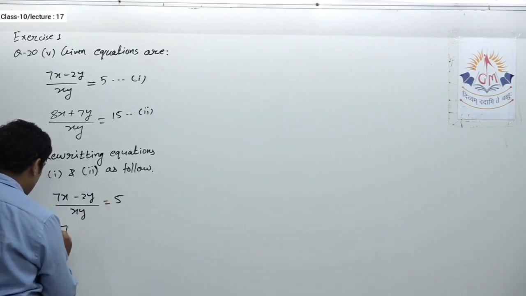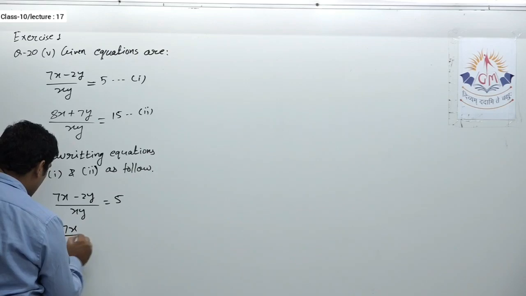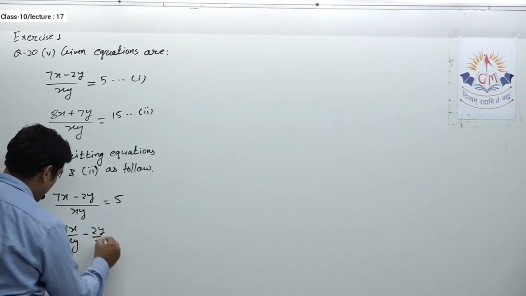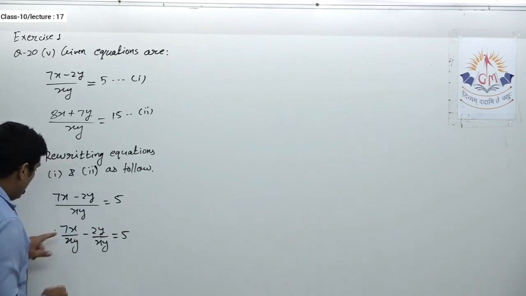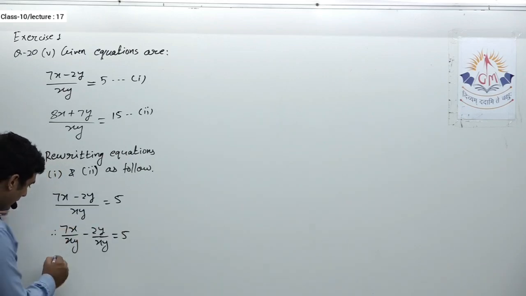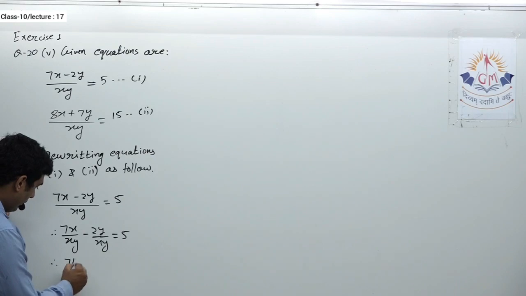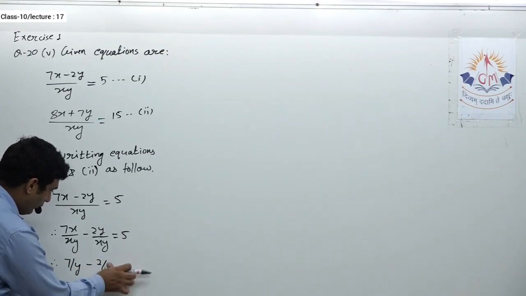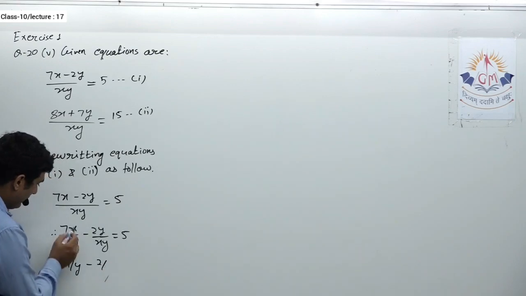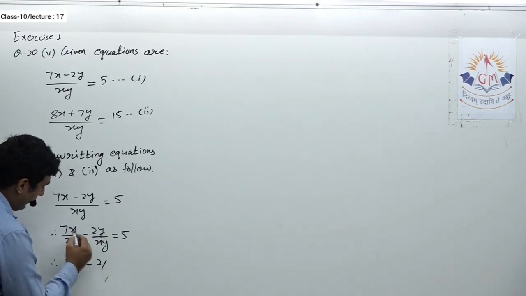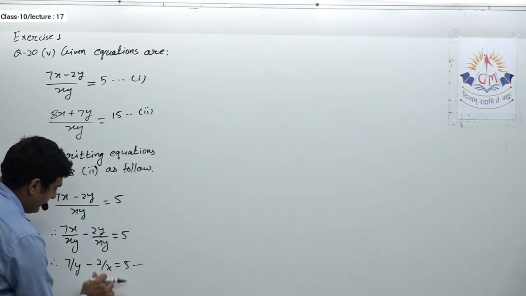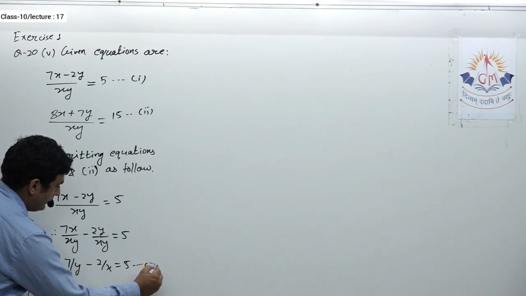So here I can write, therefore, 7x upon xy minus 2y upon xy is equal to 5. Now here you can see x and x will cancel out, so I will get 7 upon y minus 2 upon x. Over here we can cancel y and y. So 2 upon x is equal to 5. Let this be equation number 3.